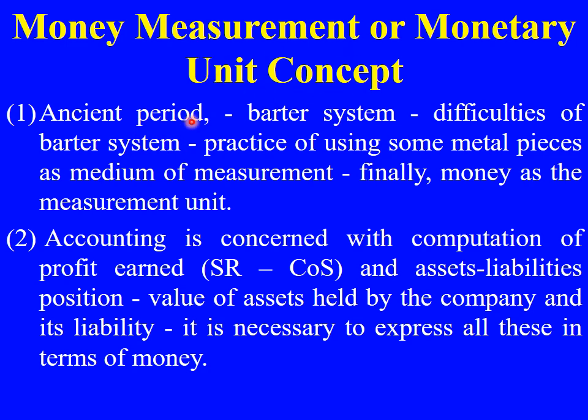In the ancient period we had the barter system, and because of its difficulties we could not have proper measurement. If I need a pen and one more person needs a book, we would exchange the pen for a book, but pen and book do not have the same monetary value, because we do not have a proper medium of measurement. The barter system poses certain problems.